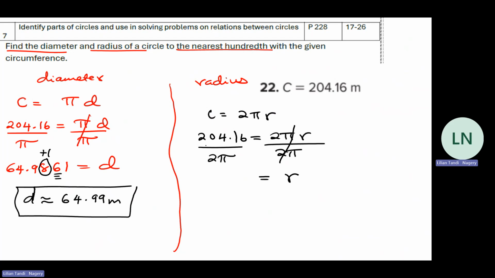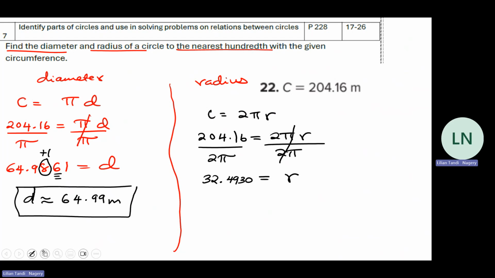Put this in the calculator. 204.16 divide 2 shift pi. You should get 32.494930. Make sure you write clearly so you don't make a mistake.